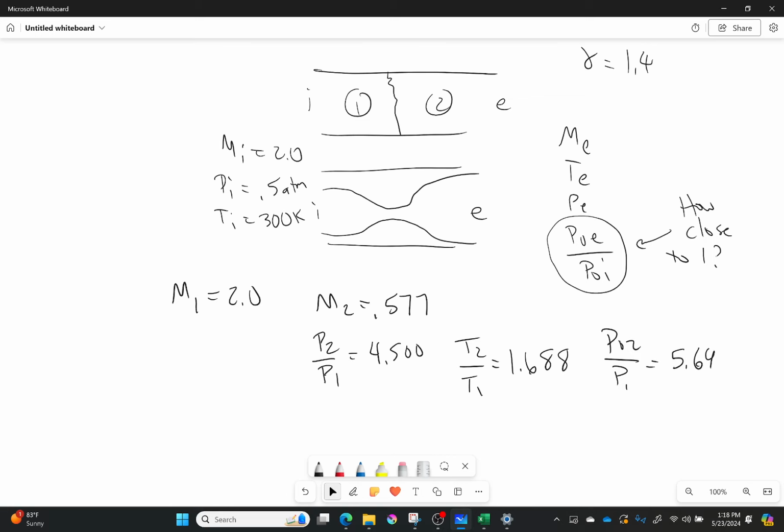And finally, P02 over P01 is equal to 0.7209.